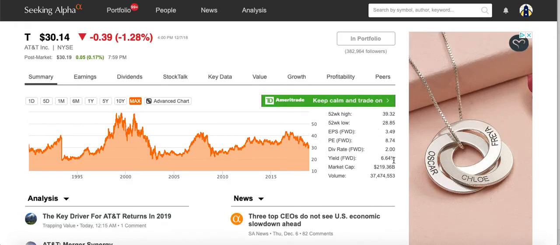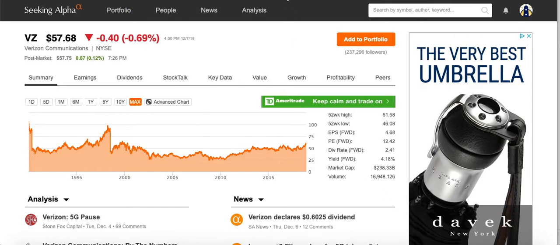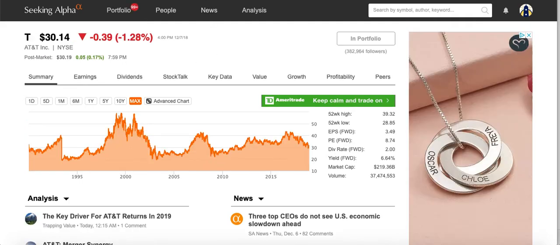We're paying 8 times at a 6% yield. Why is that? These are two of the most followed stocks in the world. Millions and millions of shares of these companies trade on a daily basis. It's not that the market is getting it tremendously wrong. It's that investors are willing to pay more for Verizon's earnings than AT&T's. And if you dig into the companies, you'll likely realize why.